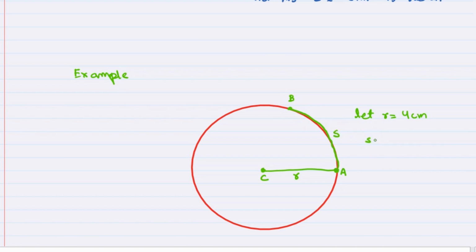So if this arc length is also equal to 4 centimeter, then this central plane angle will be equal to 1 radian.